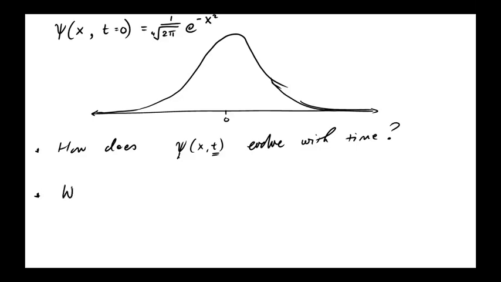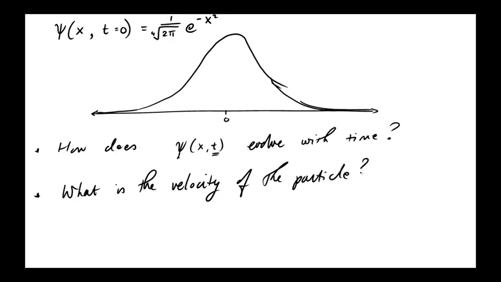But once we answer this question, we also want to answer a different question. Can we answer what is the velocity of the particle at time t? How quickly is this particle moving? Well, you know that in quantum mechanics we already talked about how if you measure the system at a given time, then you disturb the system.